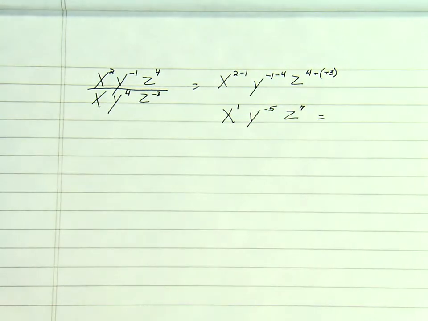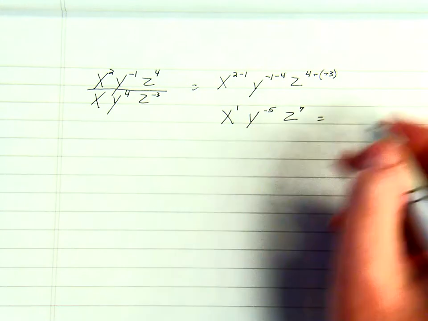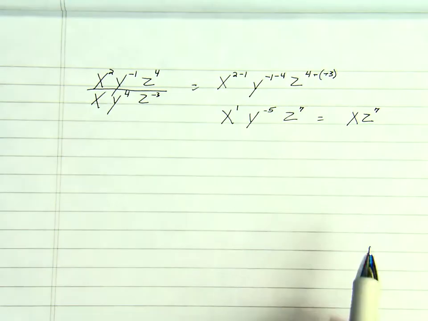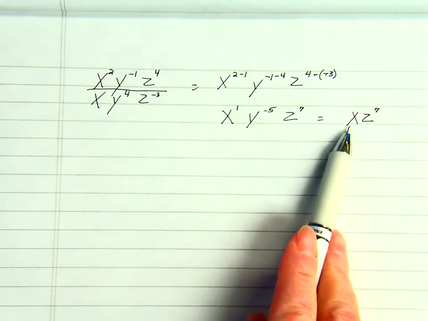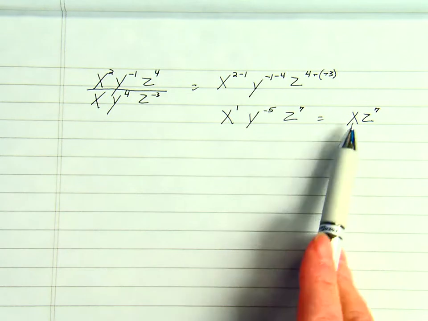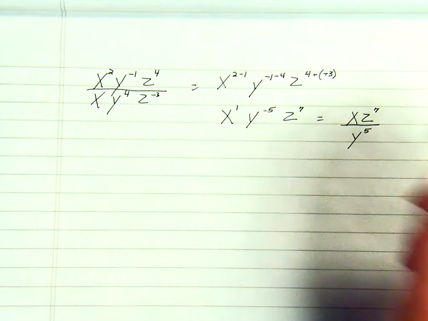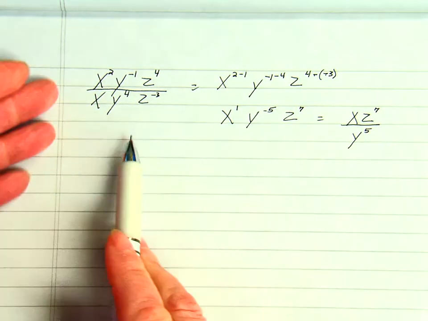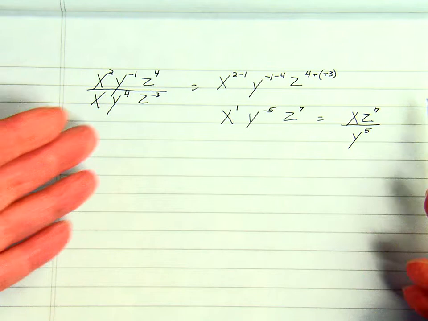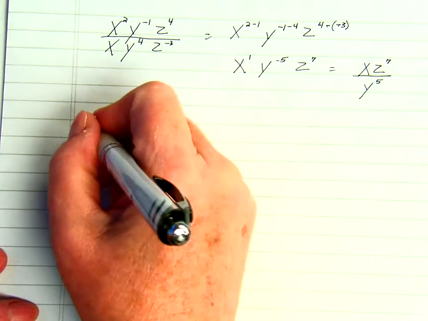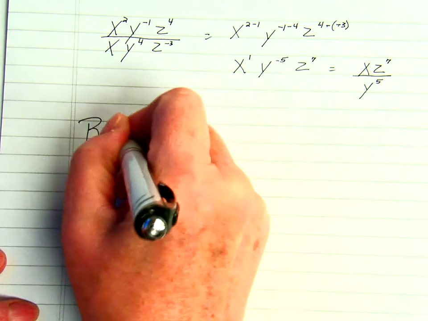So we've got x and z up top, x to the 1st, z to the 7th. Notice now that I'm writing my answer, I do not have that exponent up there of 1. And this is going to be over our y to the 5th. So although it looks very complicated, when you break it down, it really is quite simple. Okay, so let's go ahead and move on, and we're now going to raise a quotient to a power.